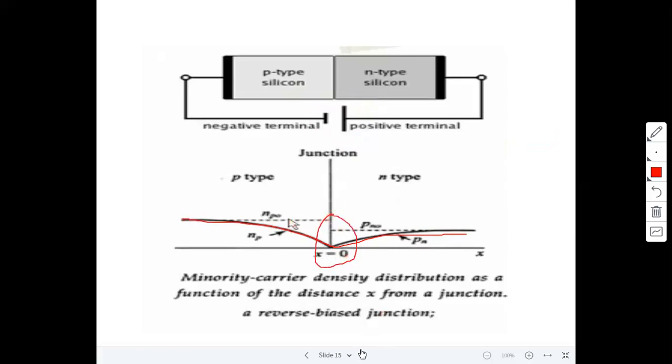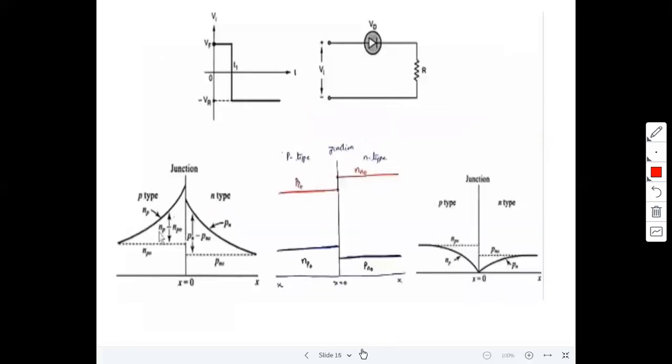Now finally, this is about forward bias minority carrier distribution. This is at equilibrium condition. This is at reverse bias condition, right?